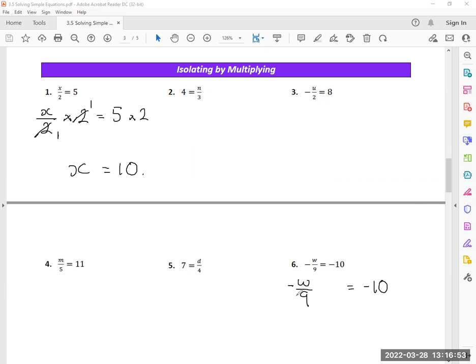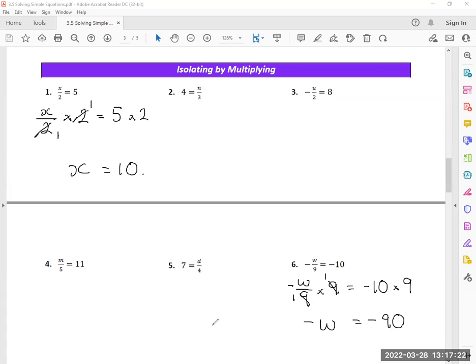I don't like that division of 9, so let's multiply it by 9. So we have division of 9, multiplication of 9. This will simplify into a 1. So now I only have negative w, and this is negative 90.